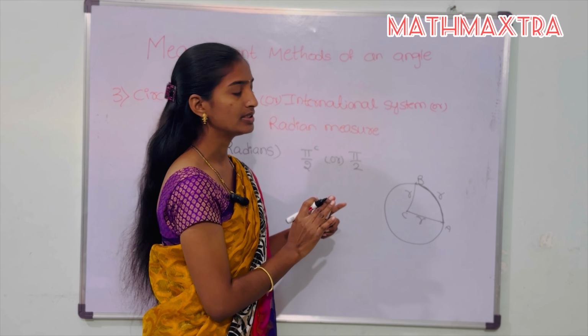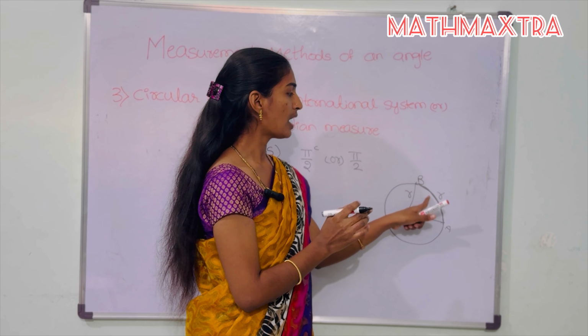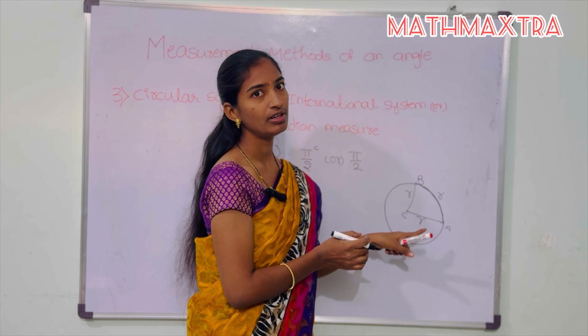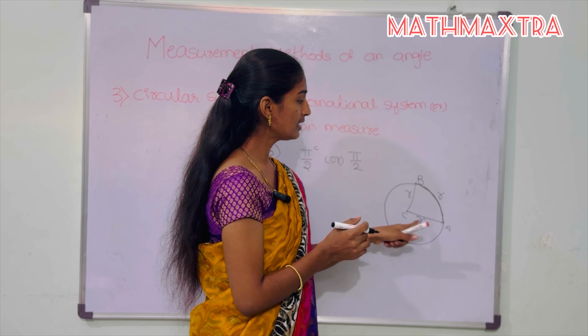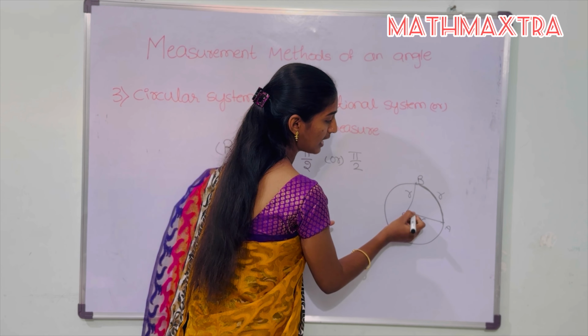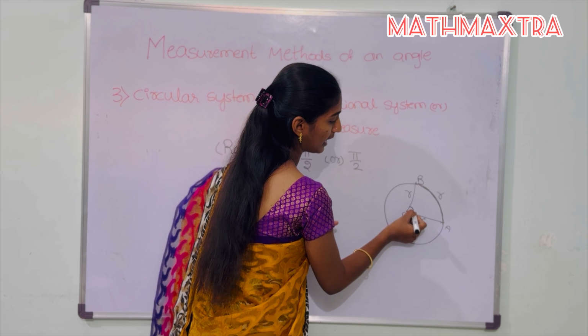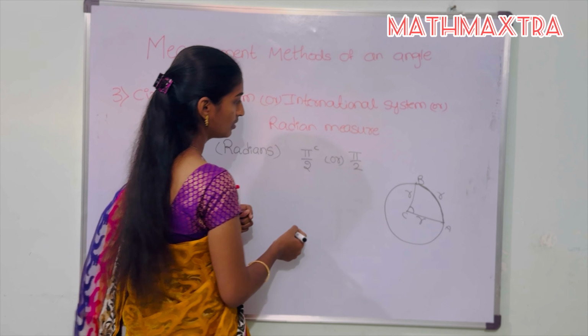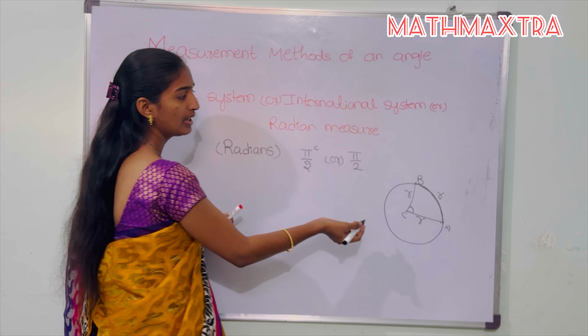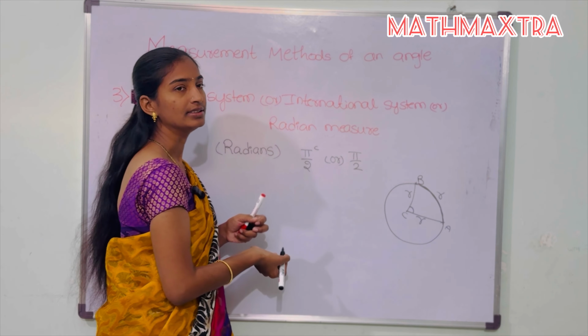Whatever the radius may be, the arc length also must be equal to the radius of the circle. Then the subtending angle we call a radian. So we represent a radian like this.